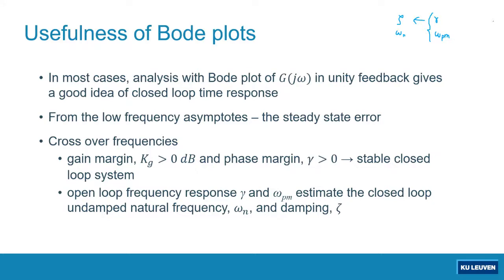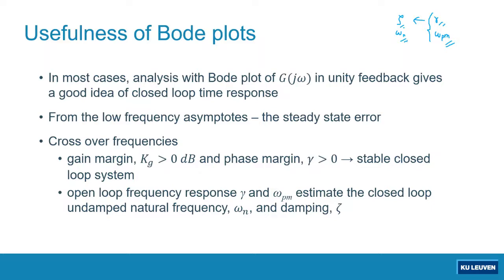Once we have identified them, based on a few equations that we discussed in the previous video, you can associate them with the damping ratio and the undamped natural frequency of our closed loop system.